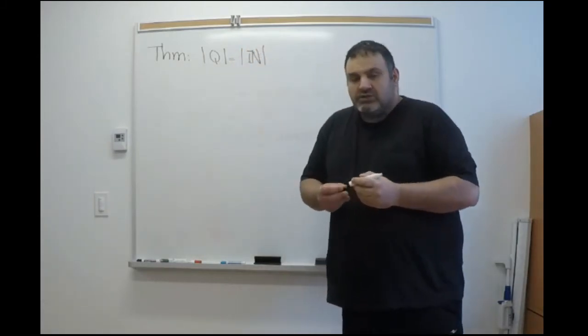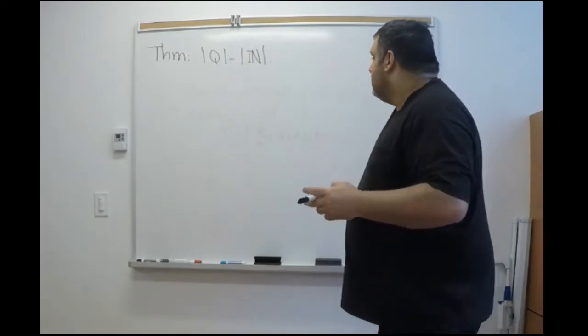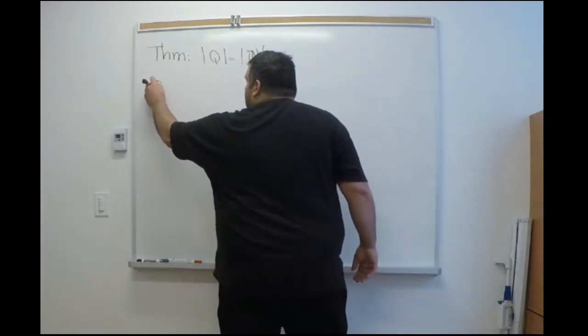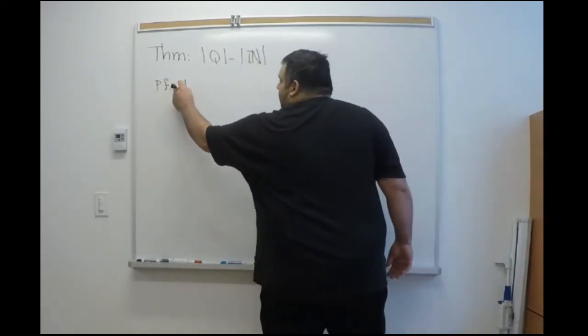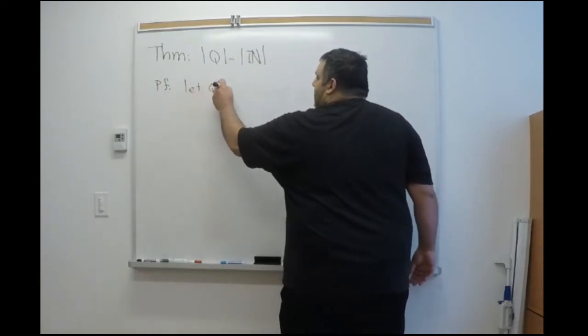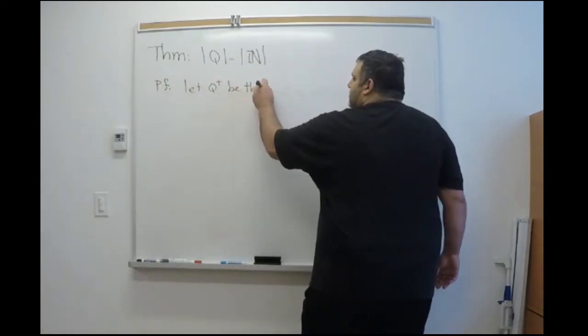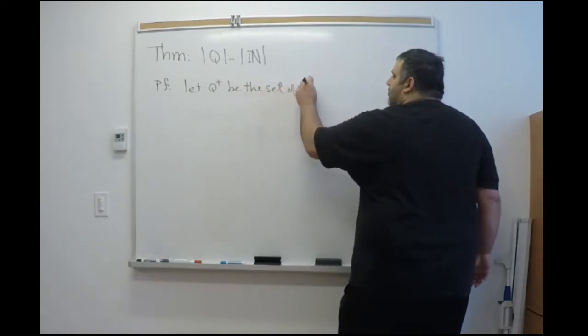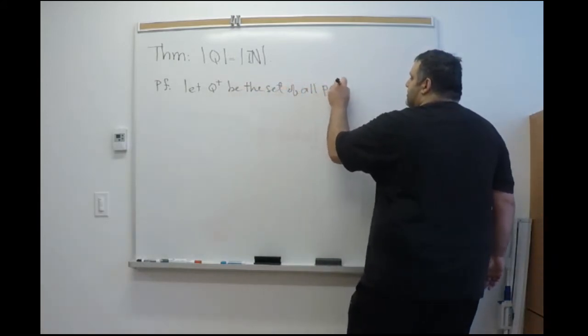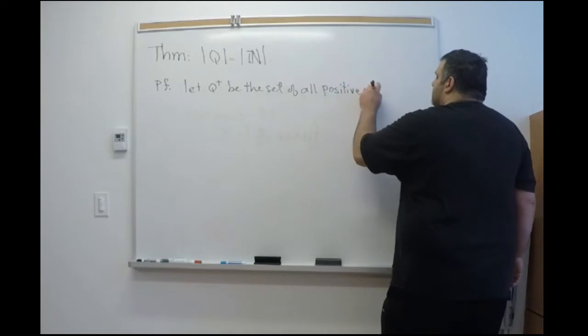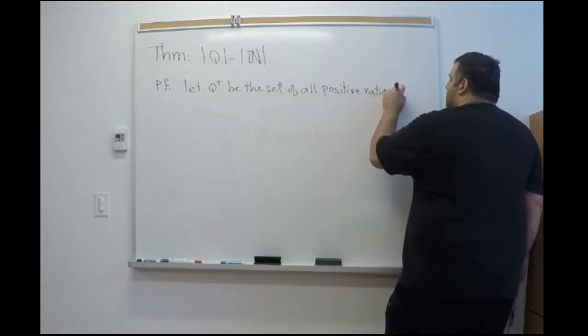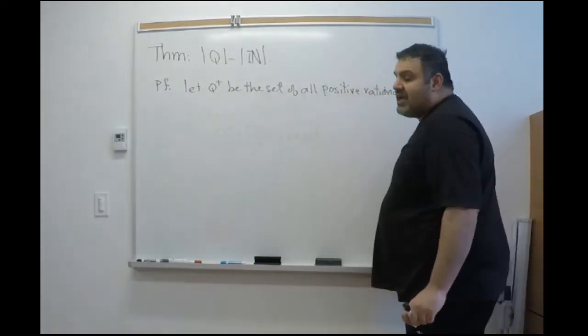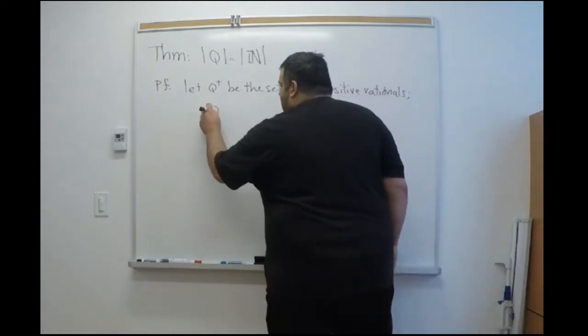Okay? So to start, we first let Q plus be the set of all positive rationals. Now, as a set, Q plus looks like this.